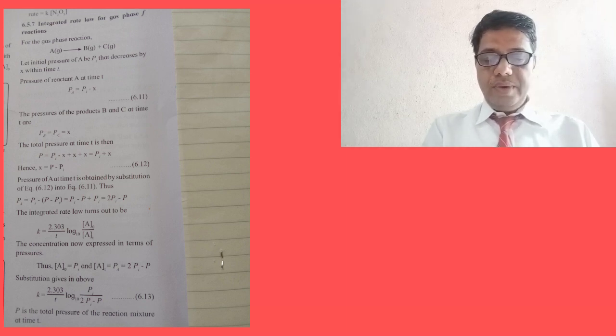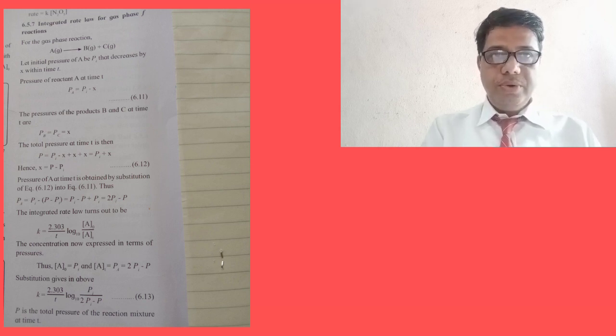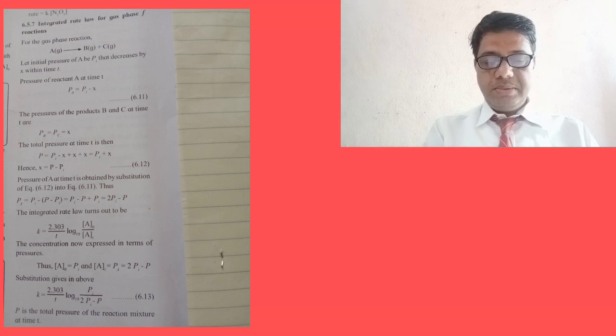Now we can write the integrated rate law in the form of concentrations of reactant, that is K is equal to 2.303 upon T log to the base 10 concentration of A0 upon concentration of A at time t, that is the concentration of A at initial time upon the concentration of A at time t. The concentration is now expressed in terms of pressure.